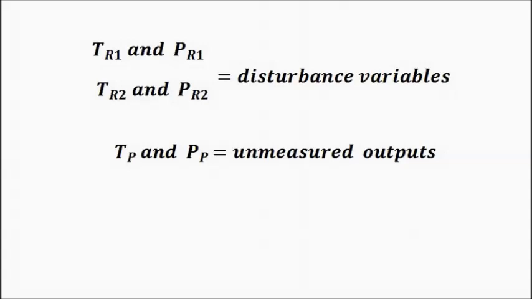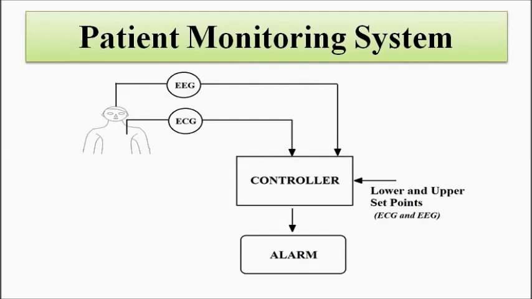Okay. Another example is the patient monitoring system. It is a part of biomedical instrumentation. Now we know that in intensive care units or in general, the vital parameters of a patient, such as body temperature, blood pressure, blood flow rate, the electrocardiogram signal, which gives us information about the heart activity, the electroencephalogram, the brain activity, and the electromyogram, are generally measured.